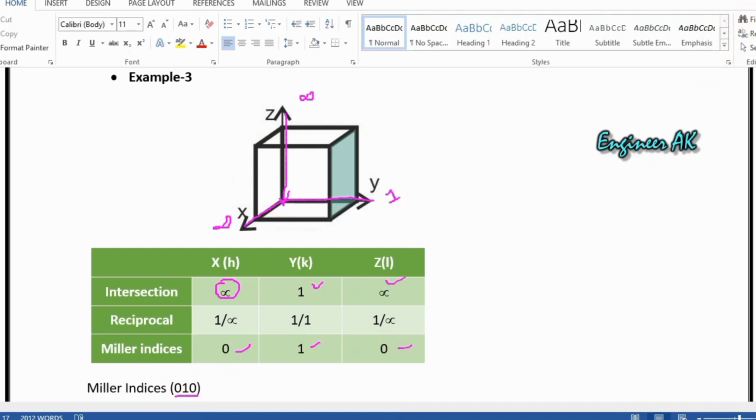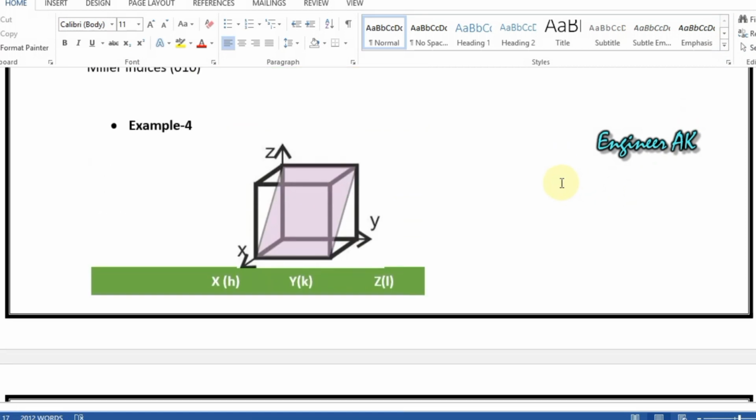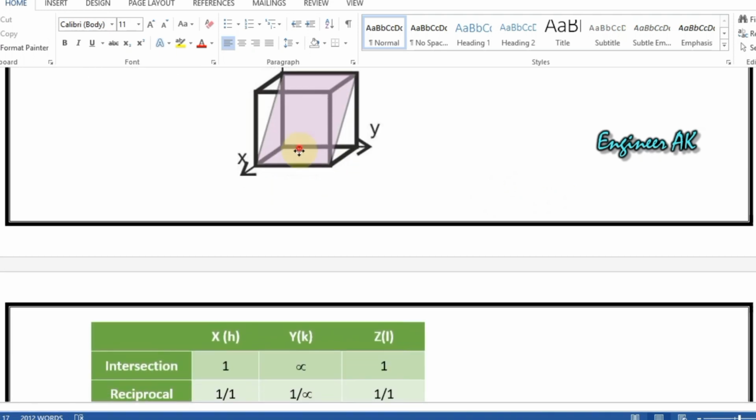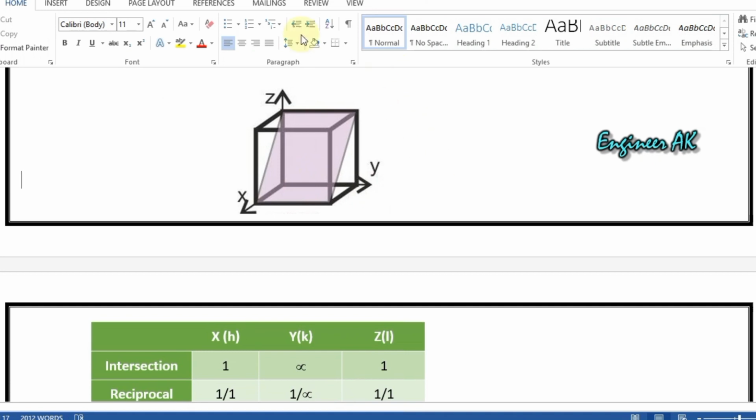Now taking another example. Now in this example again, if I am taking this as origin, at the x-axis it is cutting at 1, as I write here, 1. If I move along the y-axis, it is cutting at infinity.